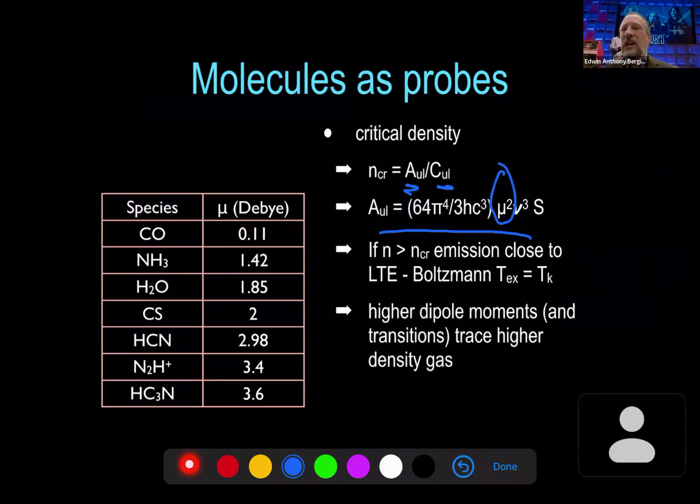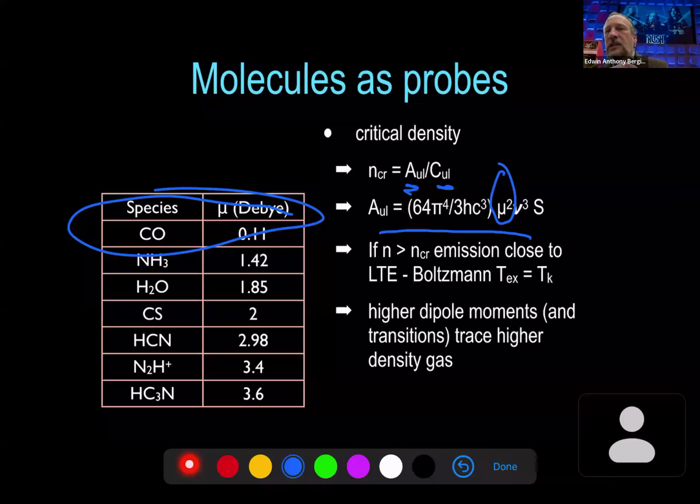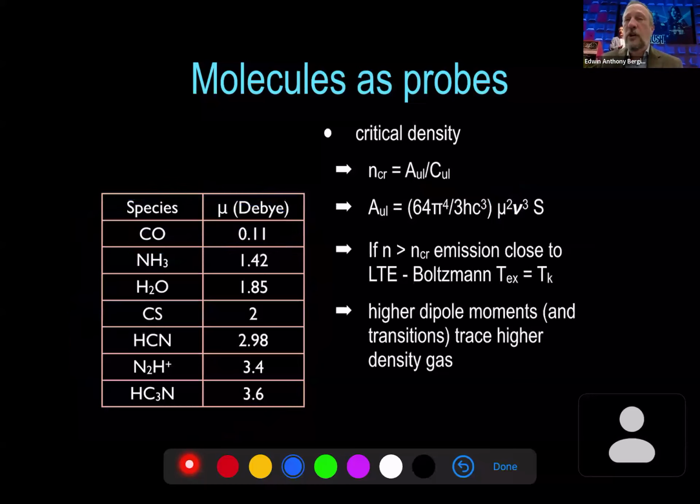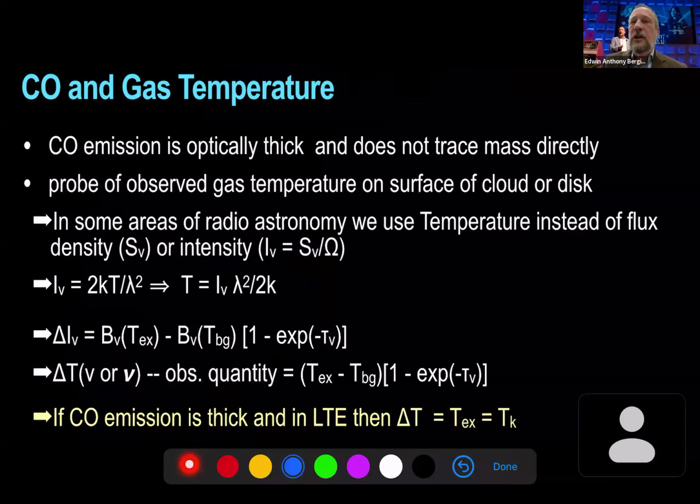What that means is that CO emission traces lower density gas than all these other molecules. I'll show you a little later that the CO emission is much more spread out than HCN emission, and that's because of its dipole moment being different from that of other molecules.